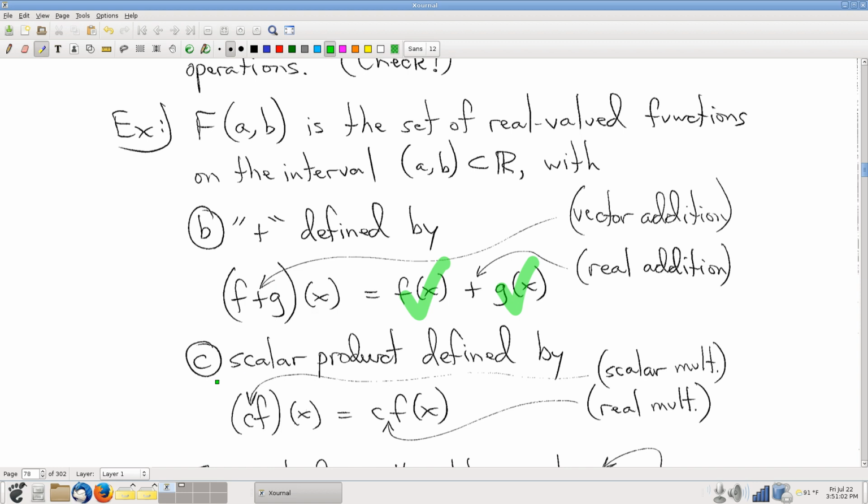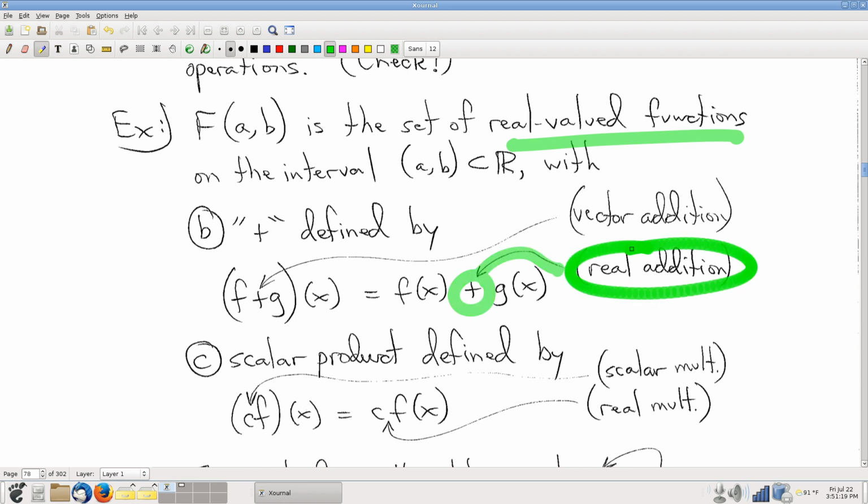Keep in mind, these are real valued functions. That means that that's a real number and that's a real number. And this then is just good old, plain old addition of real numbers. So, using what we know about addition of real numbers, we can define this brand new operation here, vector addition.